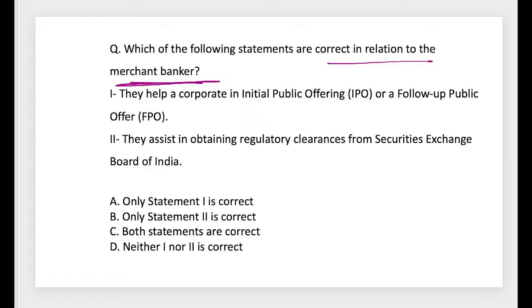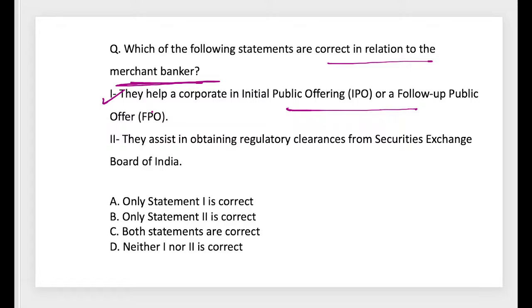In a safe deposit locker we generally keep articles like gold ornaments and other such things. Custody, on the other hand, is related to documents, shares, bonds and all paper-related things, so they generally come under this one. Merchant bankers help corporates in IPO or follow-on offers, in underwriting and overall book building.